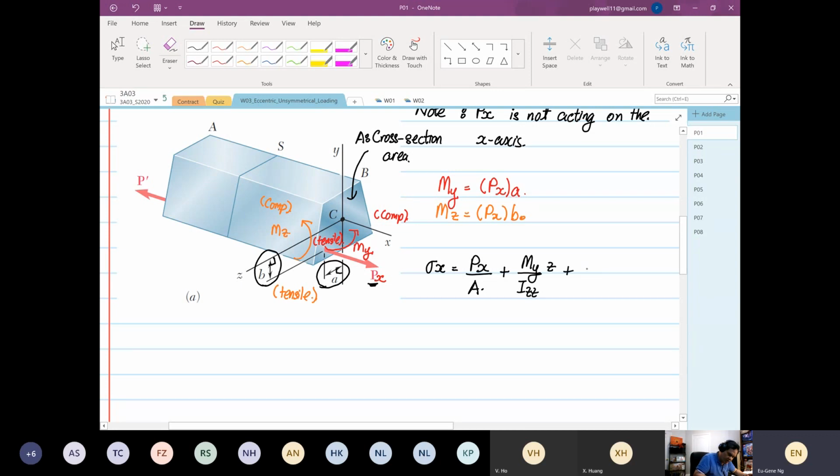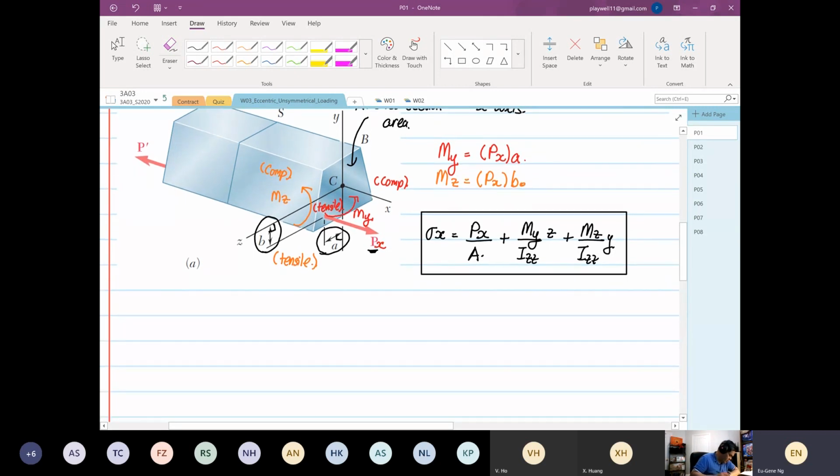So this is the formula. It looks familiar, like the one that we derived last week. The only difference is that under eccentric loading, this is inducing an axial term, due to axial loading. And both of these, My and Mz, are due to bending moment loading. In eccentric loading, this is the only thing that changes.